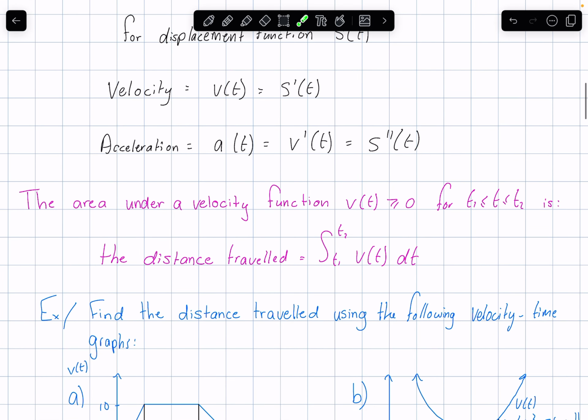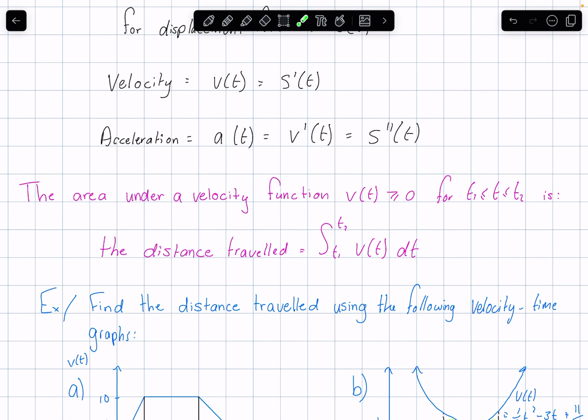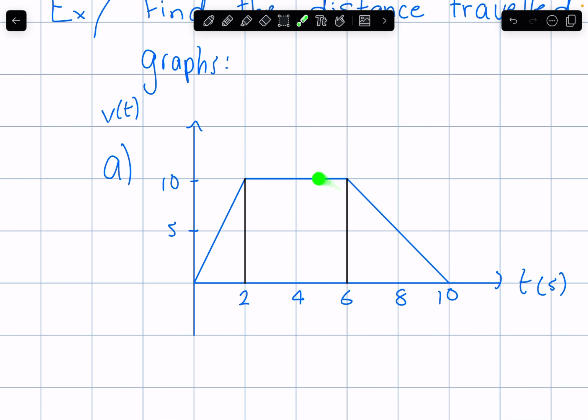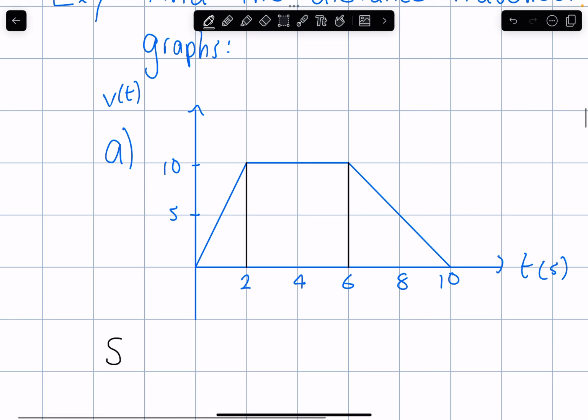So let's find the distance traveled using the velocity time graphs. Looking at this first one, we're not actually given a nice function, but we can still find the area under the curve. There are some nice geometrical shapes. So the displacement is going to be the area under the three shapes.